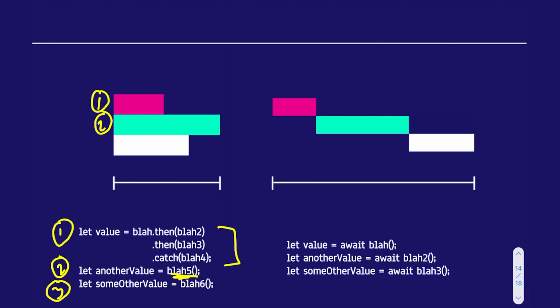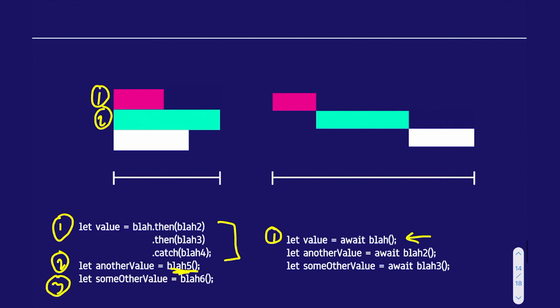Versus here, we can't run the second line of code until the first one has finished. So when we put that await keyword, we're saying we want to wait until blah has finished executing before we are done with this line of code. So JavaScript kind of pauses, it waits it out.